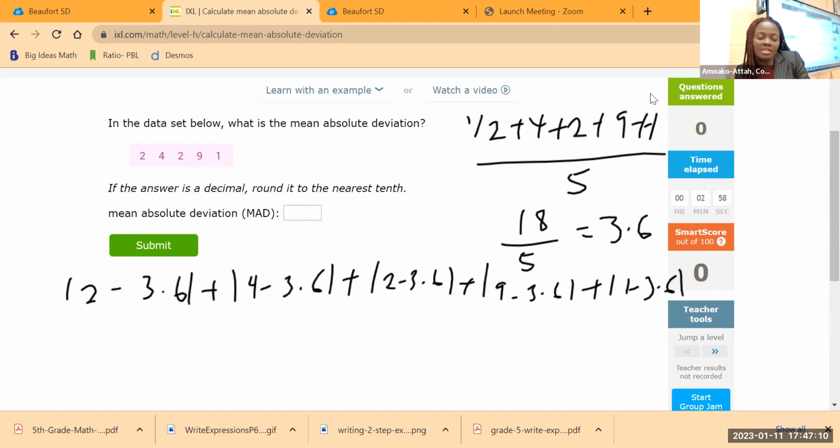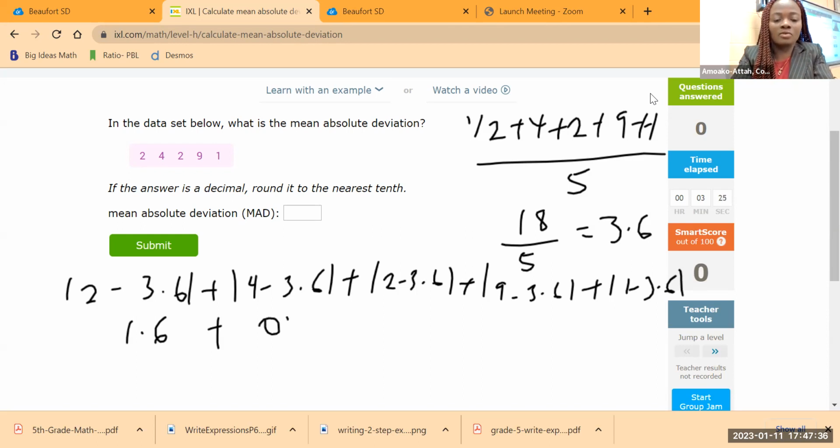Okay, so how do you find it? What is 2 minus 3.6? It is negative 1.6. This is absolute value, so even if negative or positive, it will still maintain a positive value. So this is giving us 1.6, plus what is 4 minus 3.6?